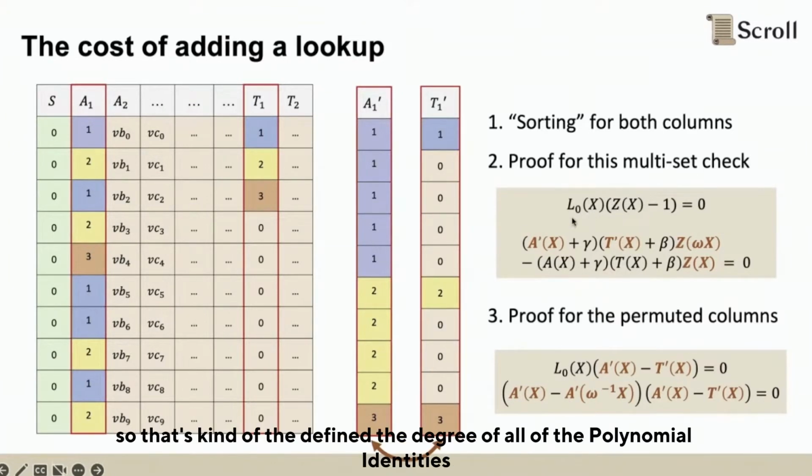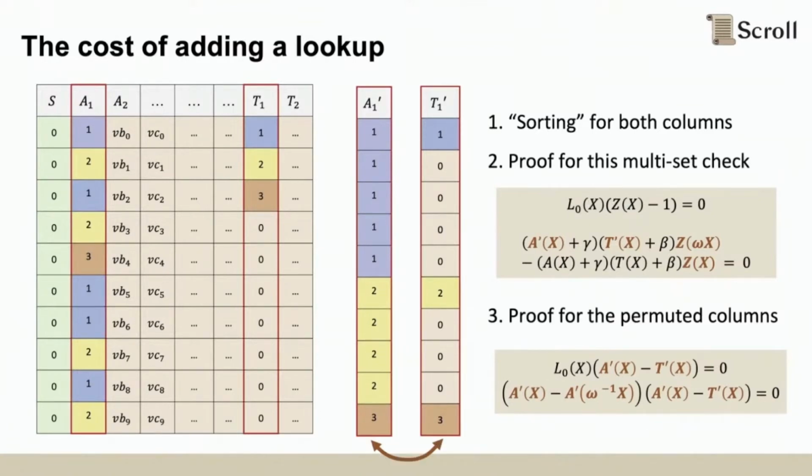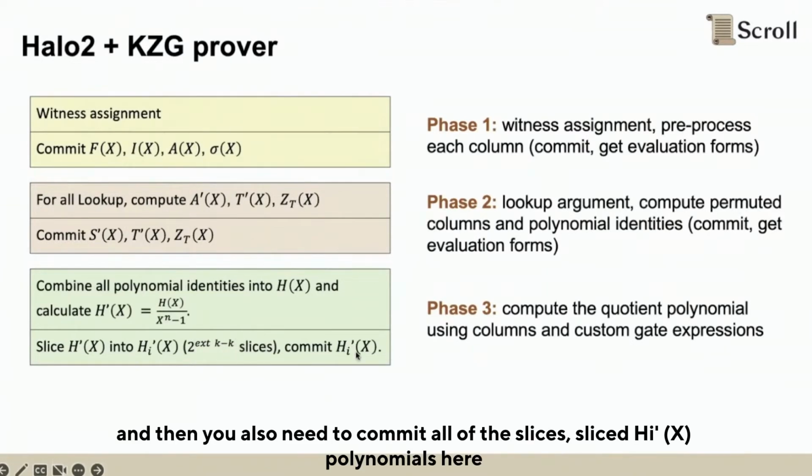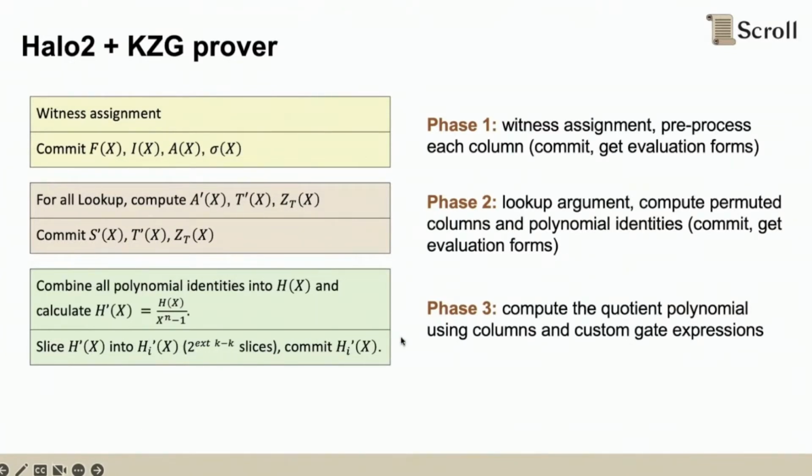So that's the degree of all of the polynomial identities. So the difference is determined by the highest degree of all of the polynomial identities you have. And then you also need to commit all of the sliced h_i'(x) polynomials here.